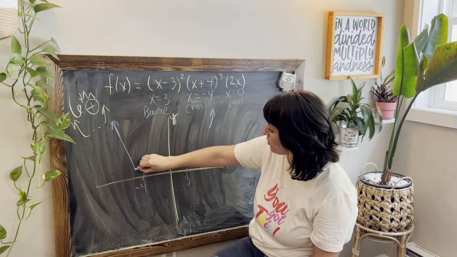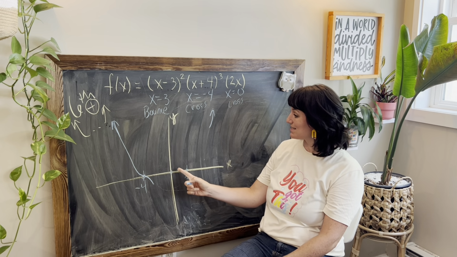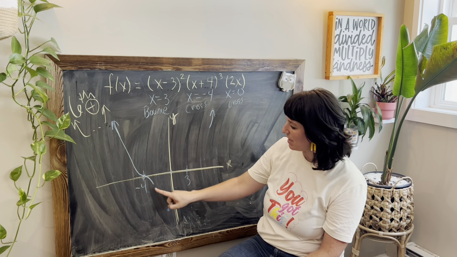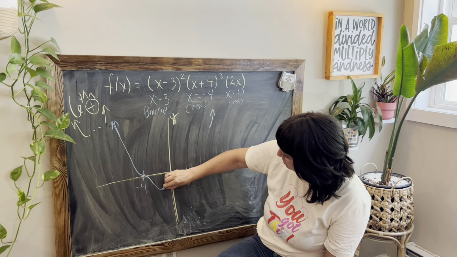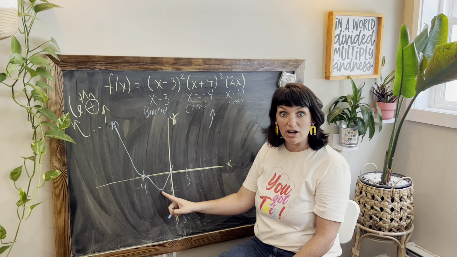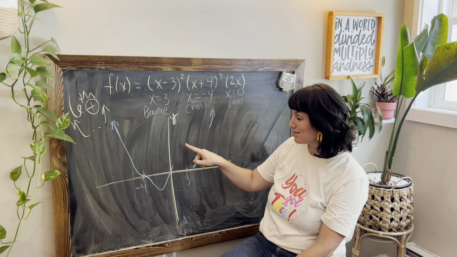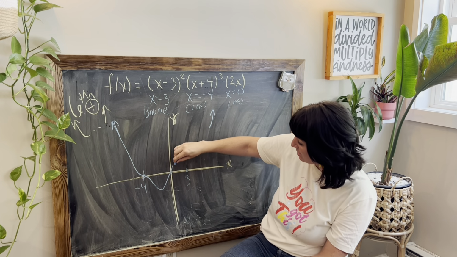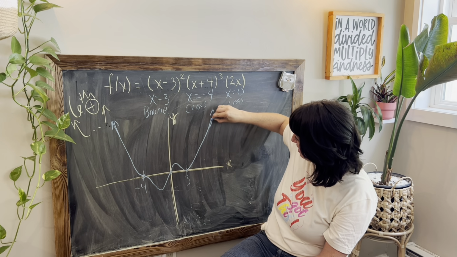Yes, at -4, it wiggles. At 0, it crosses. Somehow I have to cross. So at some point here, it's going to turn around so that I can cross. I do not know where that turning point is. Keep note of that. Then at some point it's going to have to turn back around so that it can go ahead and bounce at 3.